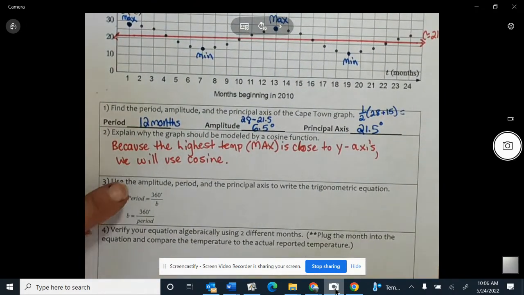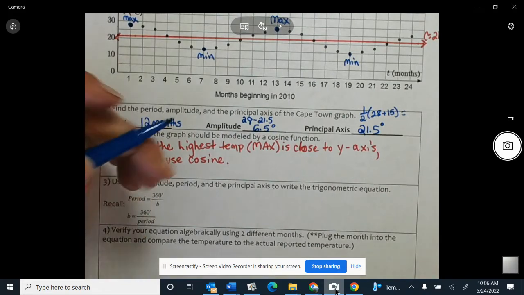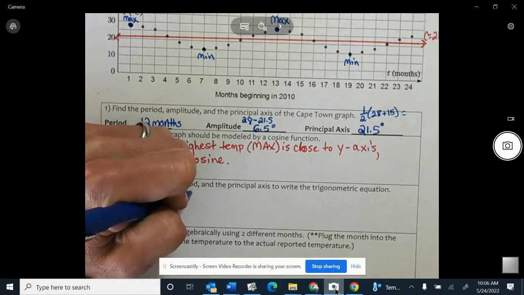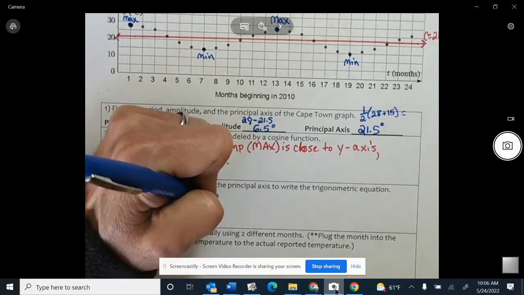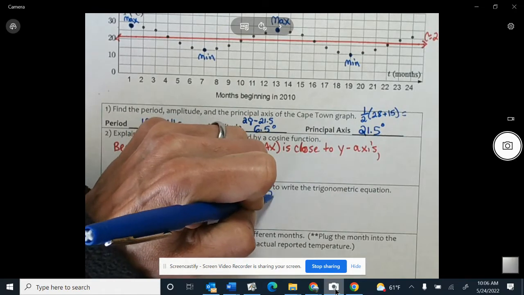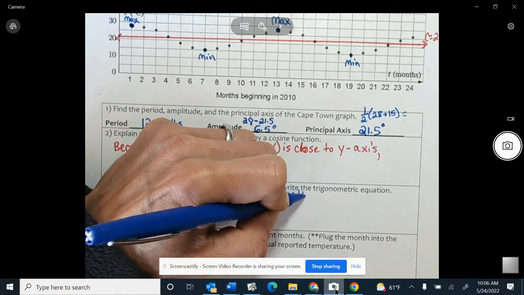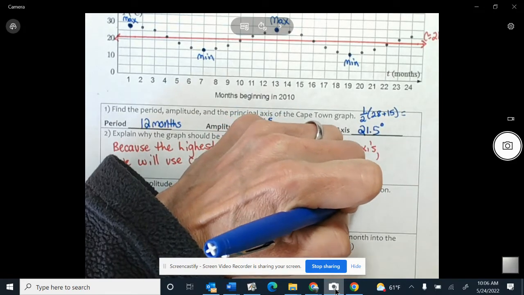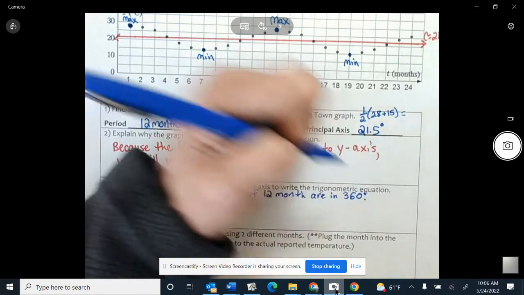Okay, now to write the equation, we also need the b. We need to know how many waves of 12 months are in 360 degrees.